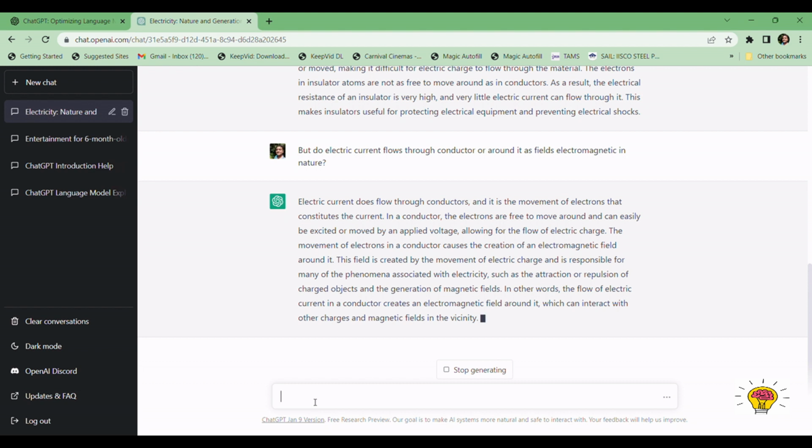This field is created by the movement of electric charge and is responsible for many of the phenomena associated with electricity, such as the attraction or repulsion of charged objects and generation of magnetic fields. In other words, the flow of electric current in a conductor creates an electromagnetic field around it, which can interact with other charges and magnetic fields in the vicinity.